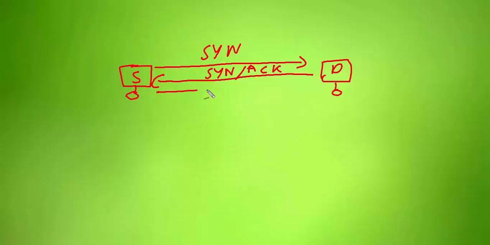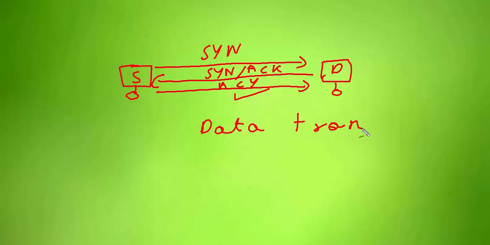Then the source machine again sends one message with ACK. So let's talk. So this connection is established and now data will transfer on this virtual session.